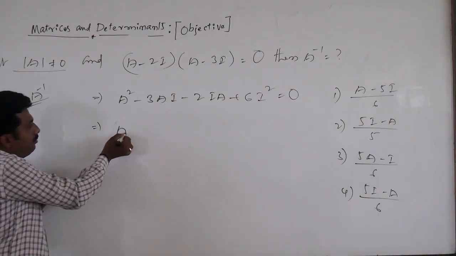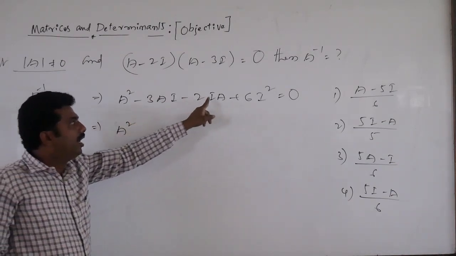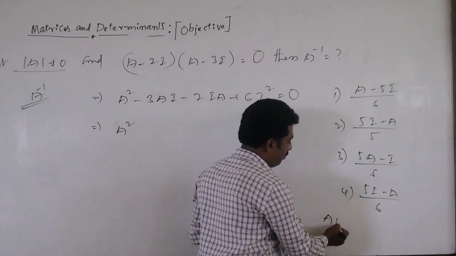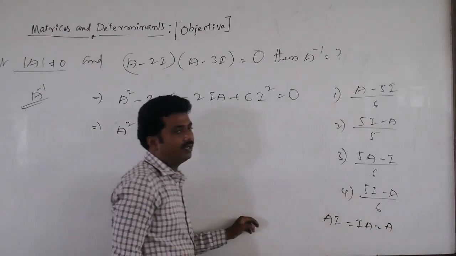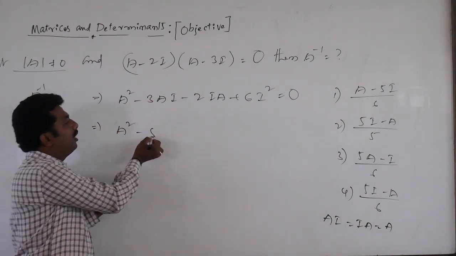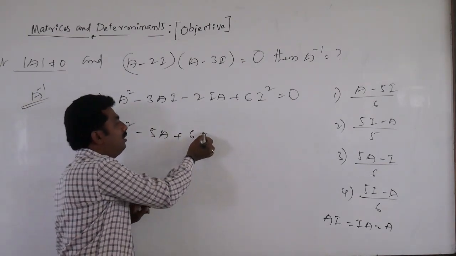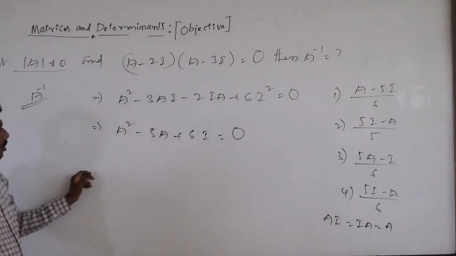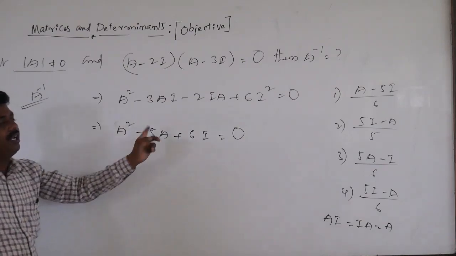So this is A square. AI means A, IA is also A. This is minus 3A minus 2A, minus 5A, plus 6 I square, which is also identity, equals the null matrix. We have to calculate A inverse, so we operate with the A inverse.